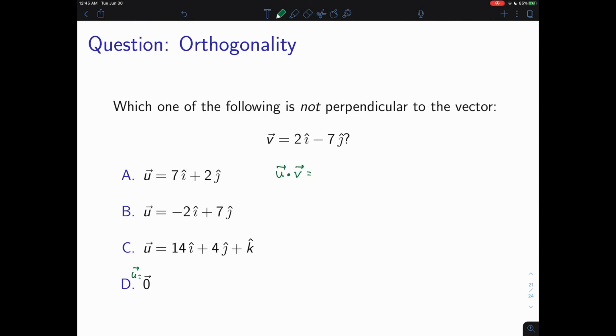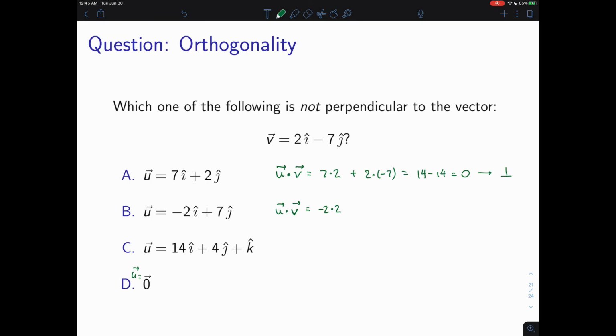Well, let's try it. Let's figure out some dot products. In this case, u dot v is, well, you take the first components, which means the i's, and you multiply them, 7 times 2. And then you take the second components, which is 2 times minus 7. So I'm getting 14 minus 14, that's 0. They are perpendicular. Let's take these, u dot v.